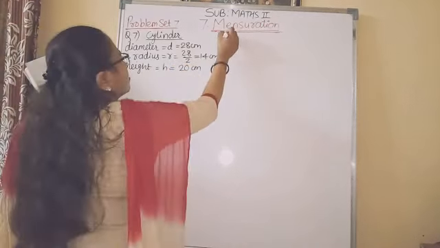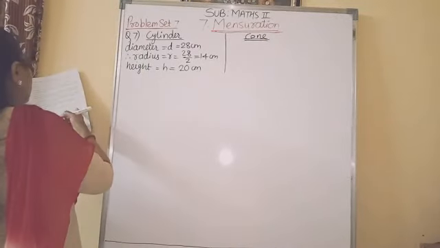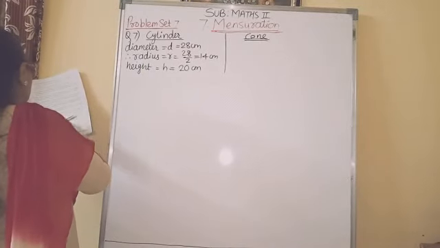Now the next shape is the cone. The height of the cone was 14 centimeter. So height of the cone, assume capital H, is equal to 14 centimeter.